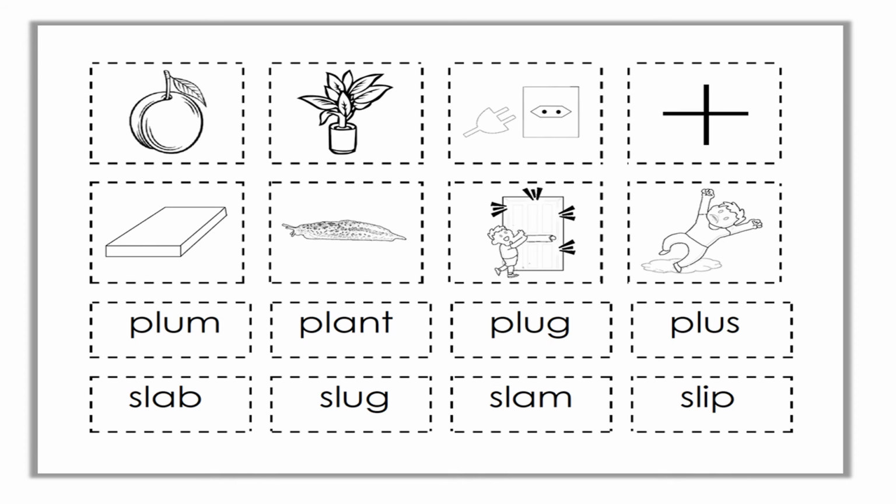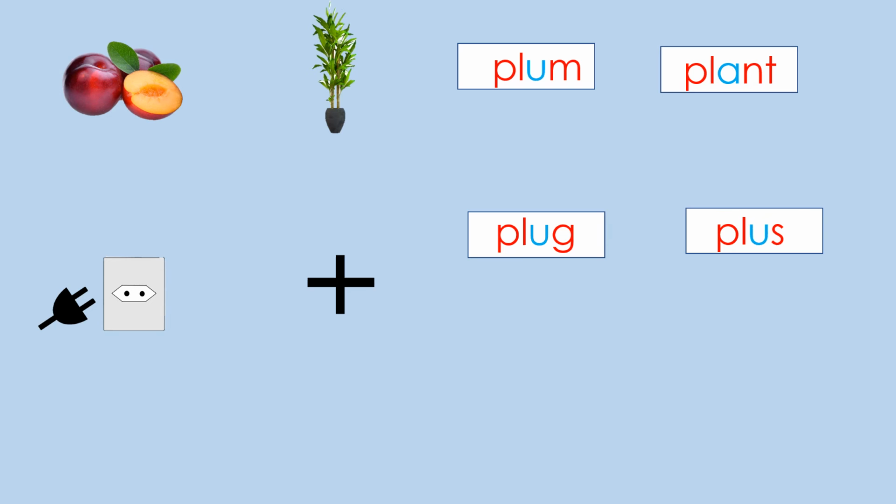Now, if you have this worksheet with you, you're going to cut this worksheet around the dotted line. And now we are going to read words and match with the pictures. Pl, a, plum.